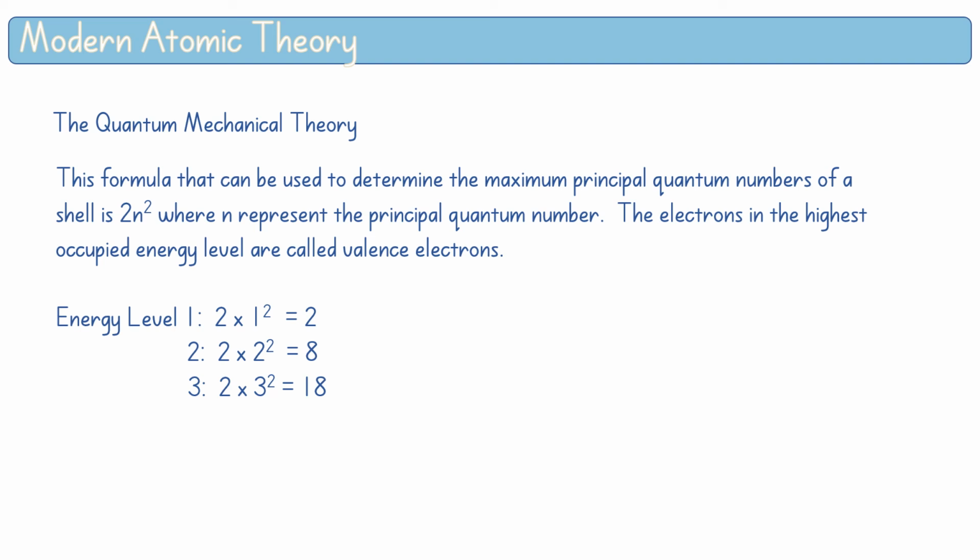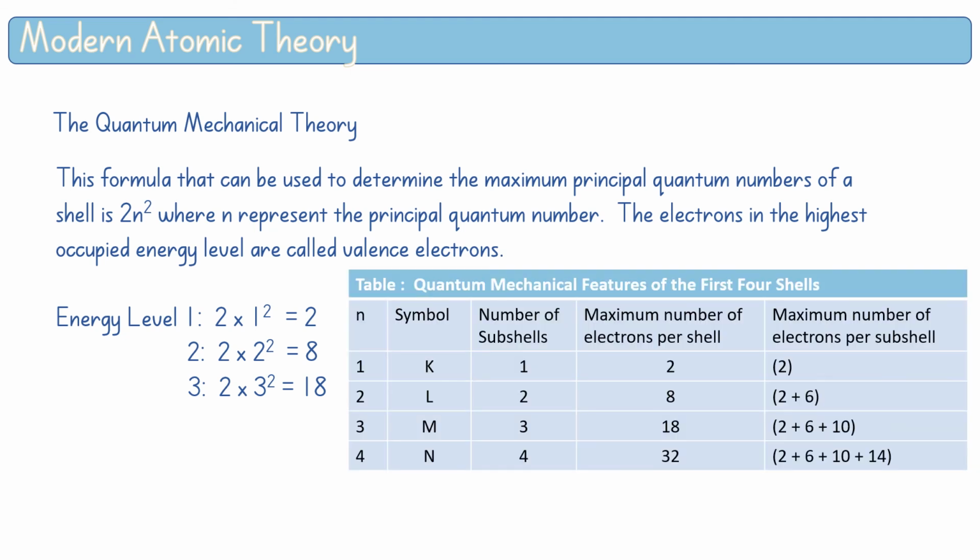So if we're in energy level 1, 2 times 1 squared is 2. We will find 2 electrons in the first row. Energy level 2. 2 times 2 squared is 8. The third level. 3. 2 times 3 squared is 18, and so on.